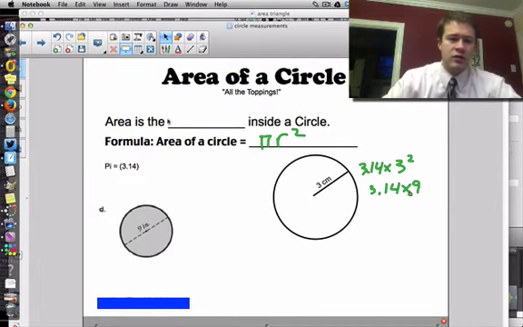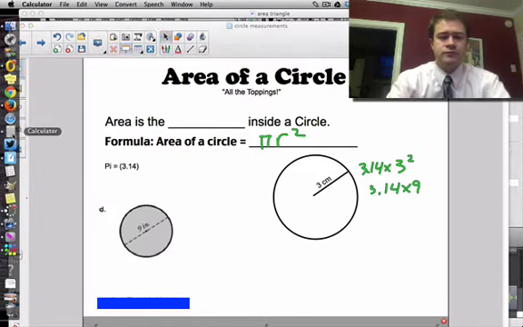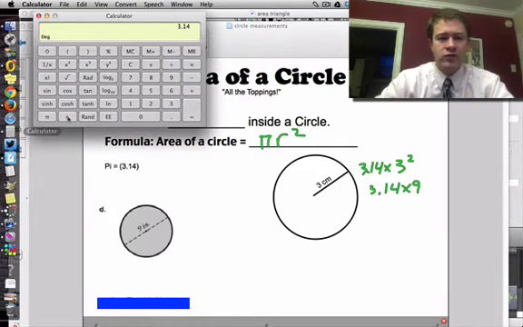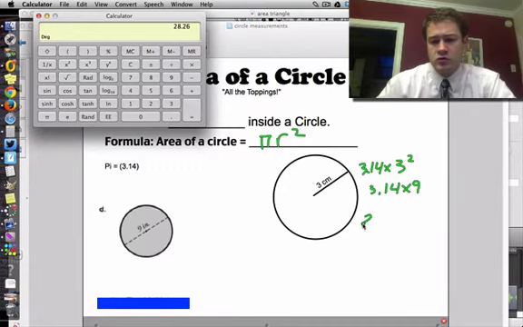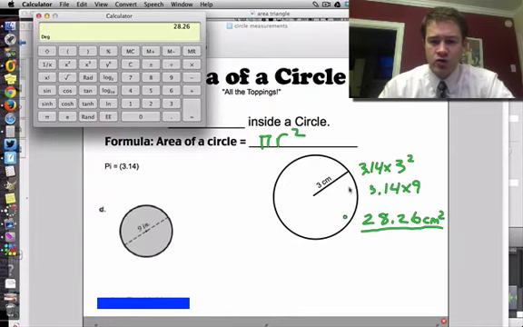And then I get my calculator. 3.14 times 9. And I get 28.26. And because it's area, 28.26, and my label is centimeters squared. Because it's area, I have to have square centimeters. I have to imagine that this would be like a grid of little small square centimeters here.